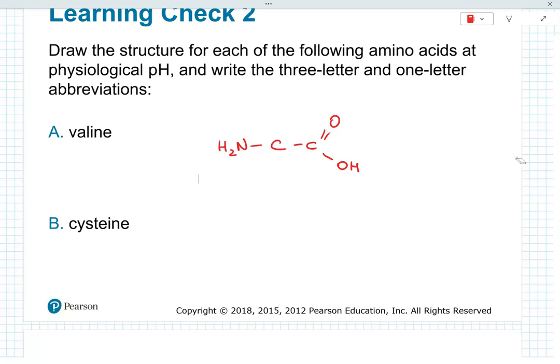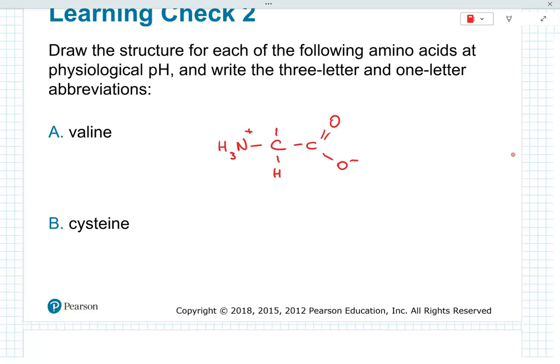At physiological pH, about 7.4, this hydrogen goes away. It is given away. Make sense? And this hydrogen is accepted by the amino group on the amino acid, making it charged also. Does that make sense to you? This is how an amino acid should look at biological pH.